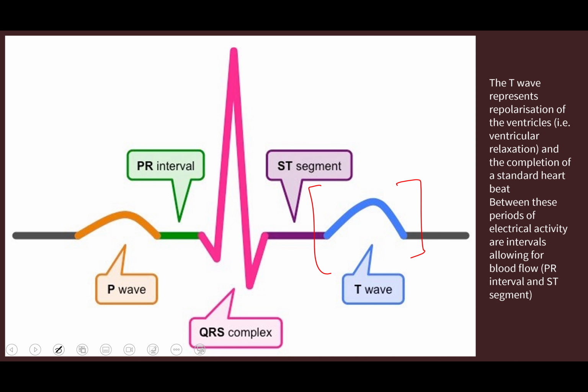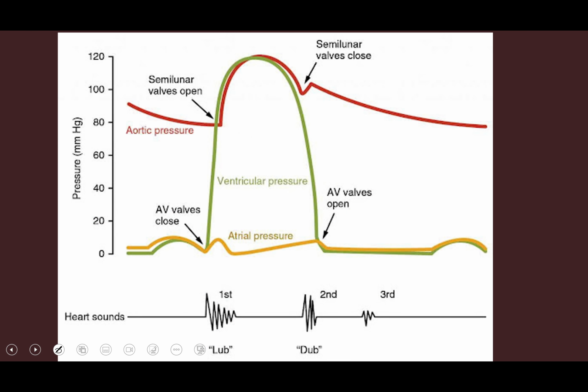Between these periods of electrical activity are intervals allowing blood to flow around the heart, the PR interval and the ST interval. So here we're looking at this part of the graph until we reach another contraction.